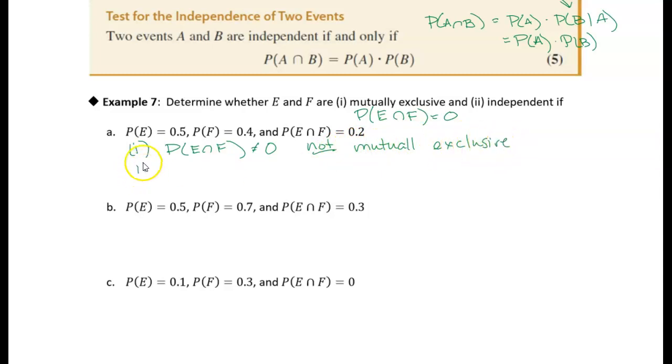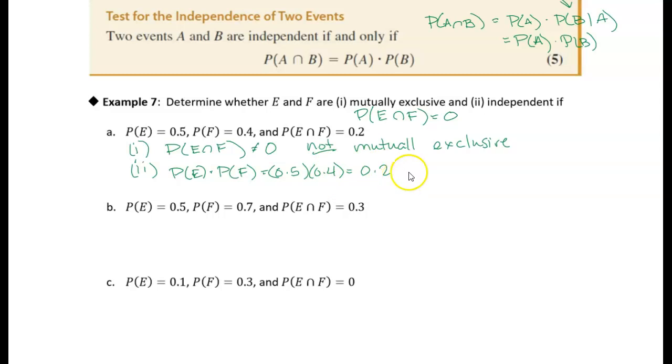All right, let's look at the second part, which is testing for independence. Now, to test for independence, we're just going to look at the probability of E times the probability of F. We're going to use that test for independence that's right up here at the top of the screen. If we multiply those two together, we get 0.5 times 0.4, which gives us 0.2.